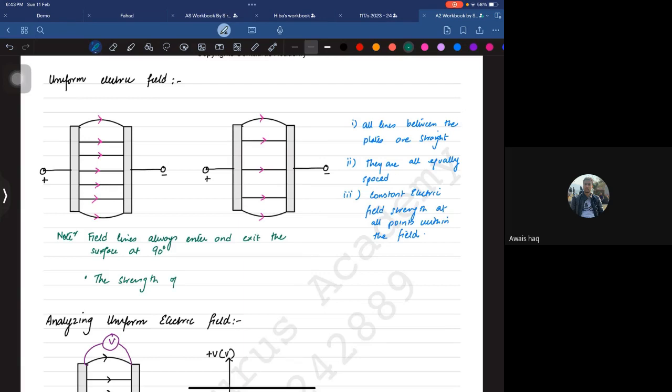The strength of the electric field is shown by the density of lines, like that. So this means that because the lines are closer to this one, this one has a greater value of E compared to the other one, right? Is it clear, kids? Any questions? Please let me know.